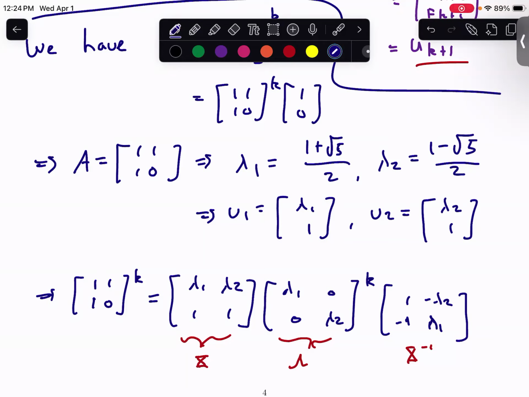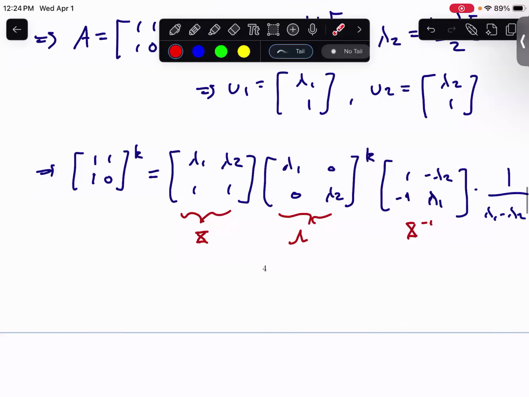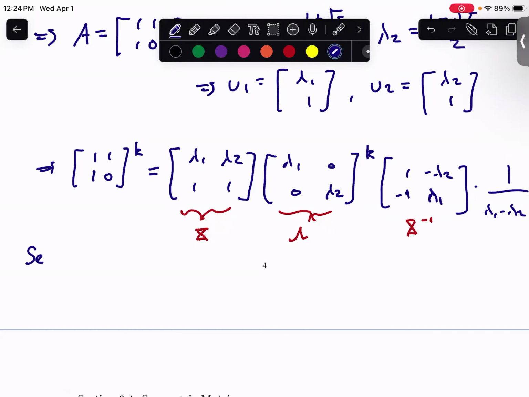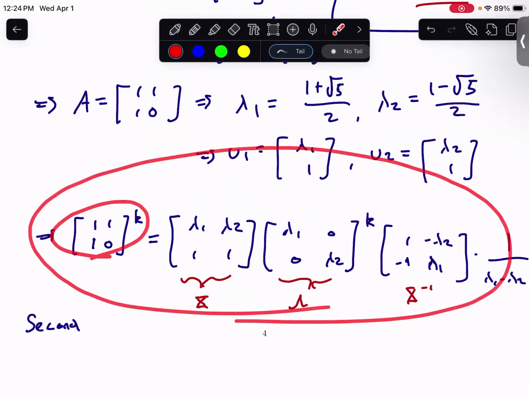And then you have to multiply by 1 over lambda 1 minus lambda 2, where this term is just the determinant of this matrix. And so if you go through with this, you end up getting that the second component, I know I'm glossing through this really quickly, skipping over the computations, but this gives you the power of this matrix here.